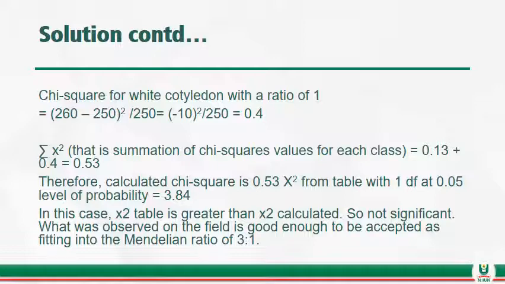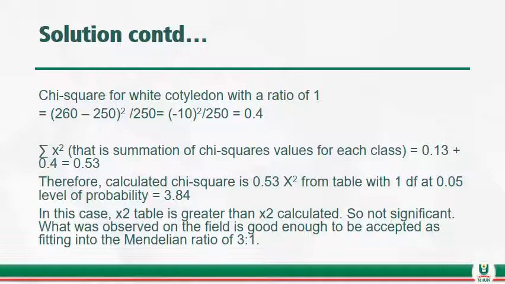And from the table, because there's always a table like your four-figure table, you have the chi-square table. That is where you can check the tabulated value. So you check the tabulated value with a degree of freedom of 1, because the ratio here is 3:1. So that is 2 ratio.